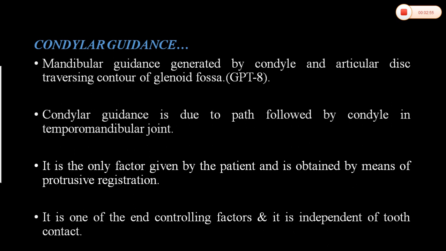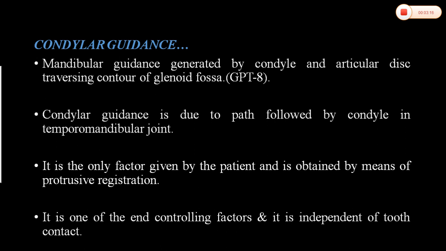So the articular eminence guides the movement of the condyle. This angulation, how the condyle is translating in the temporomandibular joint, has to be recorded and programmed in the articulator to develop balanced occlusion.